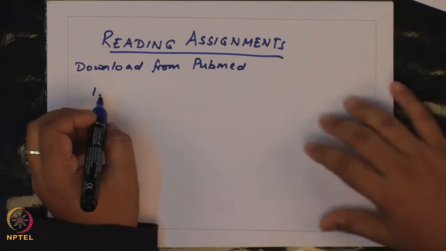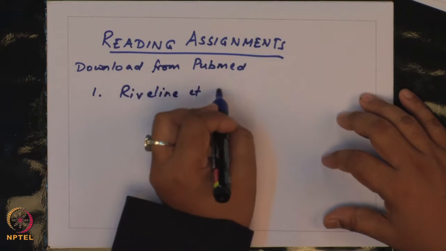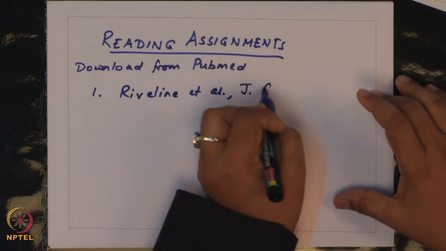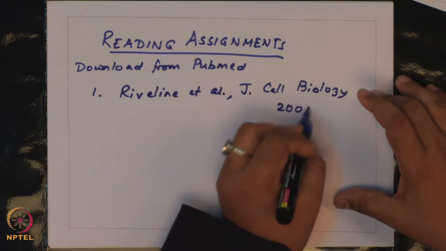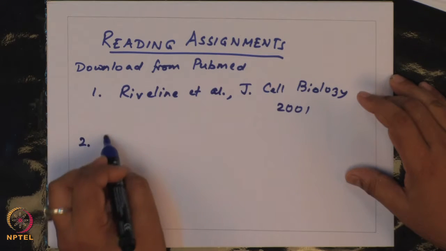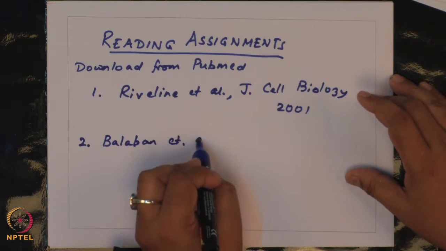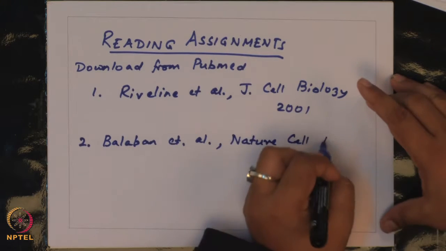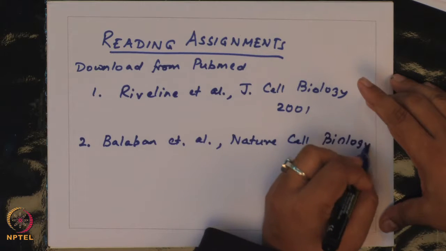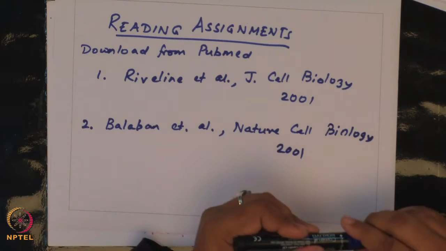The first paper is Rivlin et al., Journal of Cell Biology, 2001. The second paper is Balaban et al., Nature Cell Biology, again 2001. So, these were two landmark papers which demonstrated the influence of forces in regulating focal adhesion size.